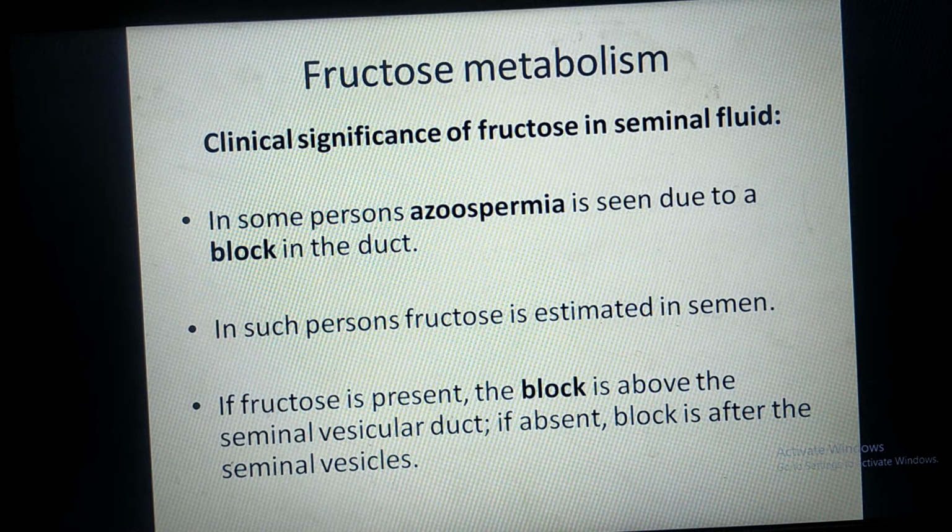In such a person, if we estimate the fructose and find fructose in the seminal fluid, then we can say that the block is above the level of seminal vesicles. If the fructose is absent, then we can diagnose that the block is below the level of seminal vesicles, because fructose comes from seminal vesicles into the seminal fluid.